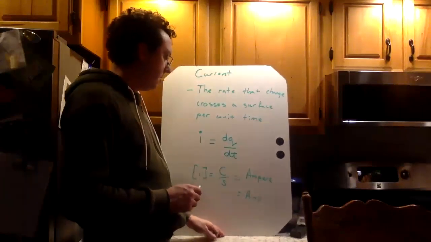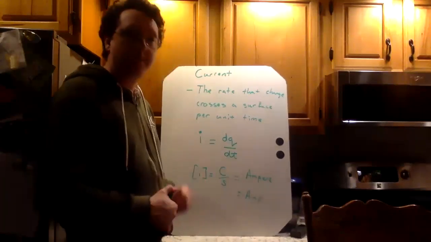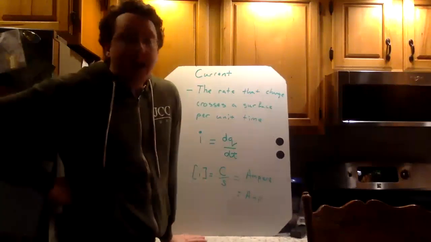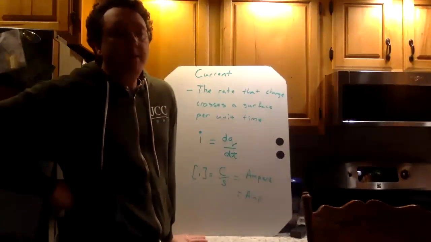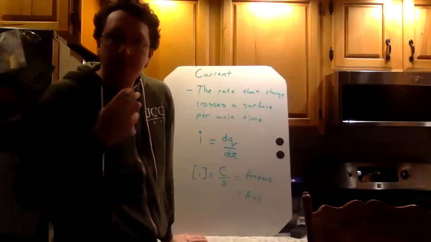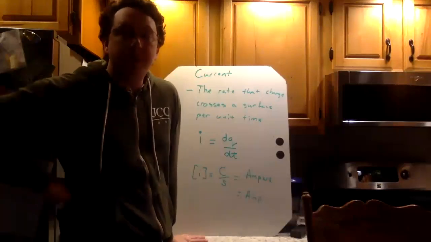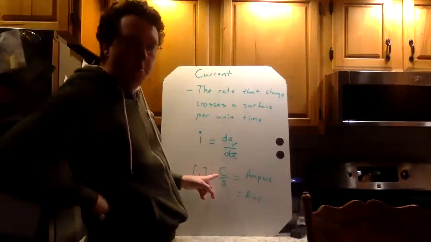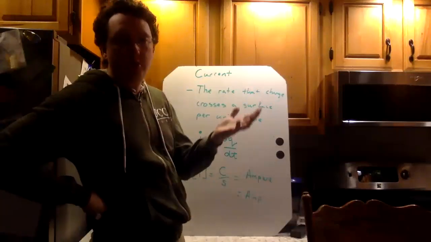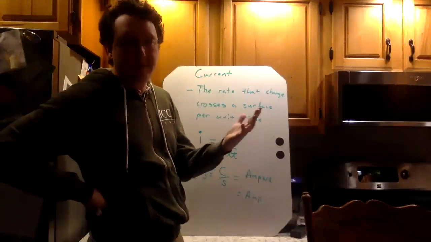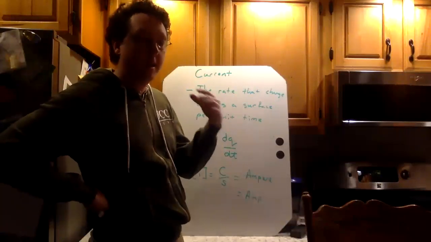Now, an interesting bit of trivia. In the metric system, the fundamental quantity that we use to standardize measurements is not the coulomb. Morally speaking, charge should be the fundamental quantity, and the coulomb should be the basic unit.